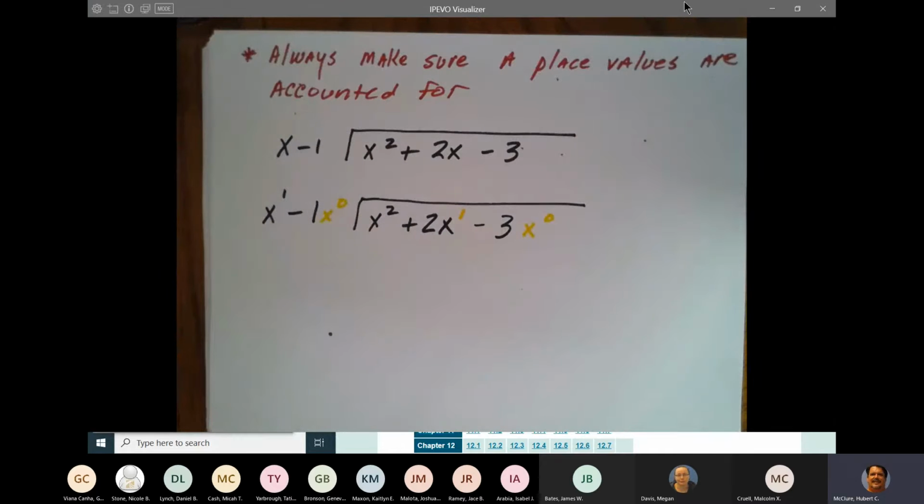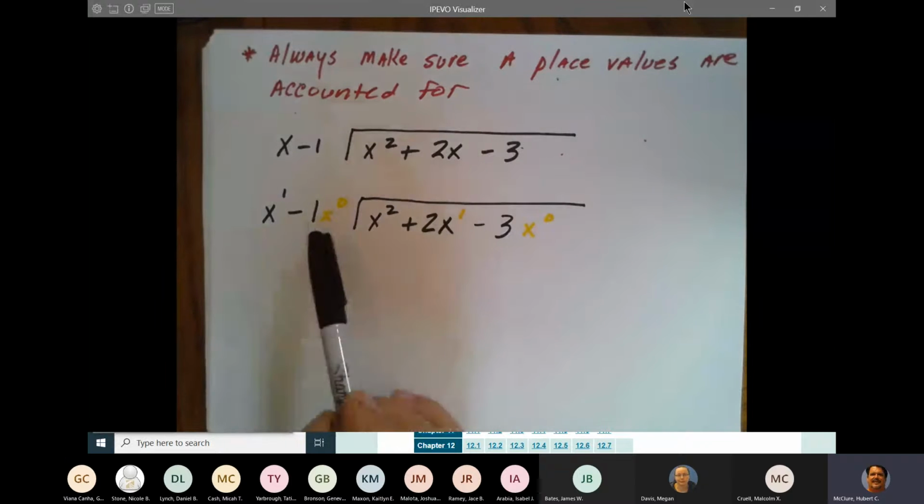Now, I want everybody to understand what I just did. In algebra, there's always a coefficient of 1, and there's always a variable. Now, that variable may be x to the 0. Okay, my hand just froze up. There. It may be x to the 0, but it's still there.